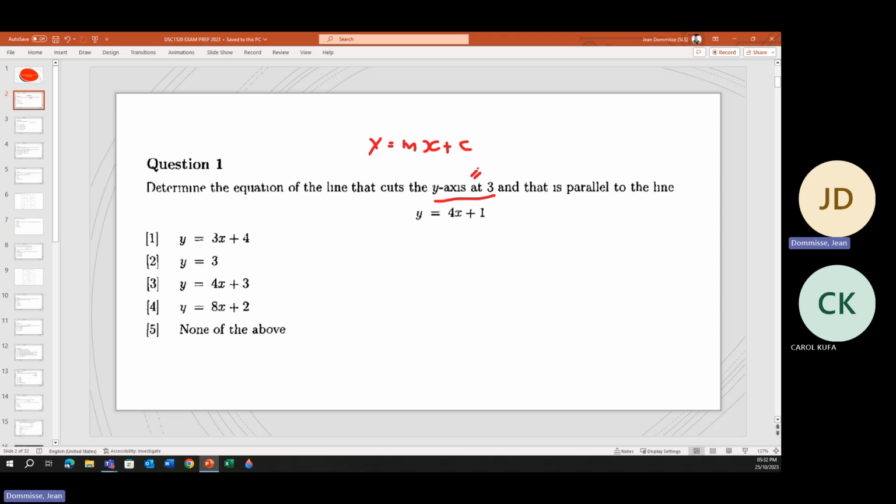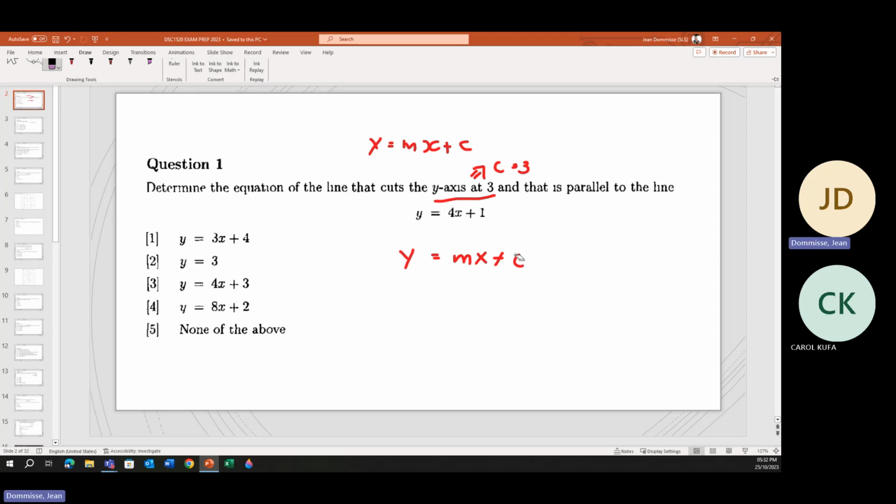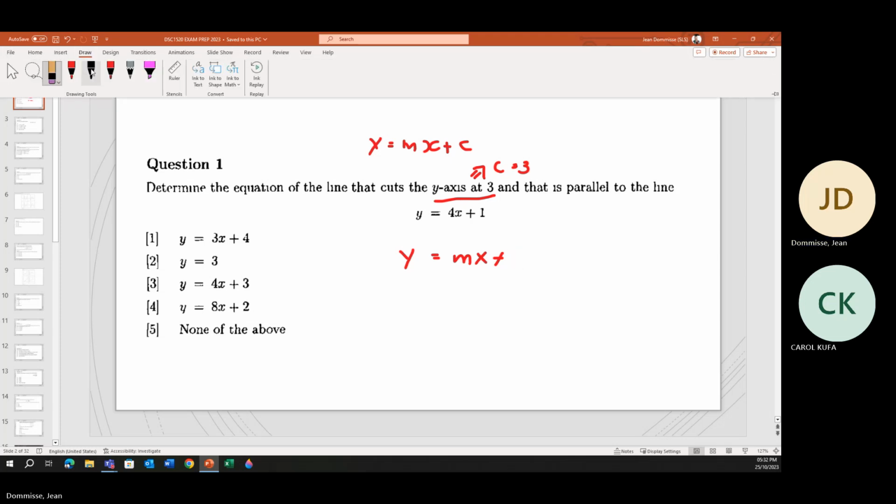So if it cuts the x-axis at 3, we know that c is equal to 3. Okay, so we could already say that the possible equation will look something like mx plus 3.